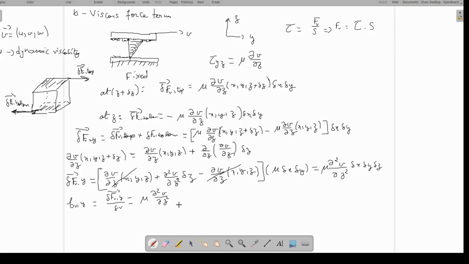And in full three dimensions, the viscous force is F equals mu Laplacian of V, which is also mu times the Laplace operator applied to V.